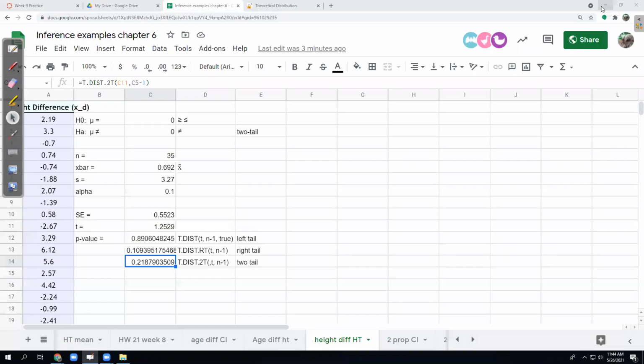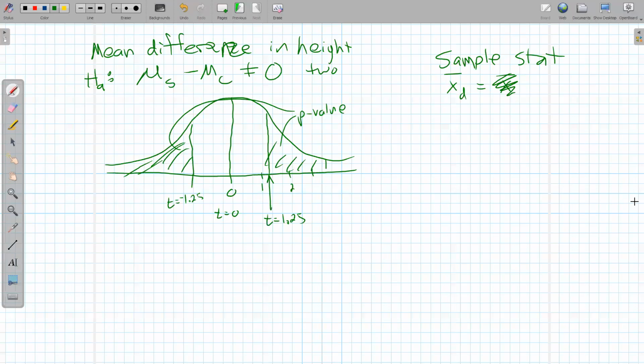We get 0.692, that's this number right here, the average difference. It is positive, right? So positive means that in this sample, on average, people said they were taller than they were, but the p-value is pretty big, meaning that, well, it is bigger than 0, but it's really not that much bigger than 0, right?